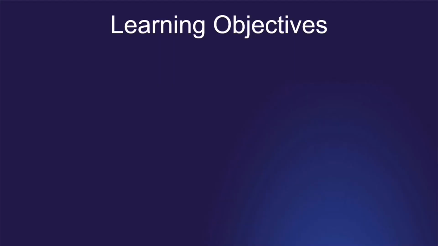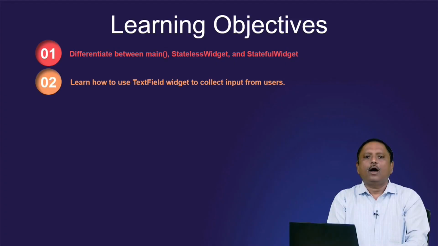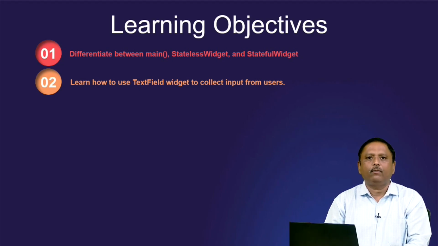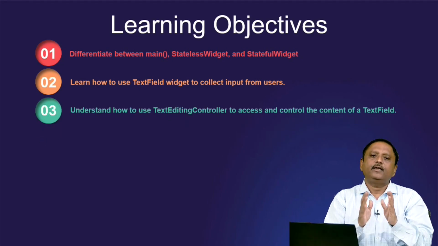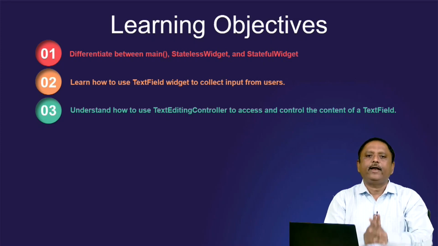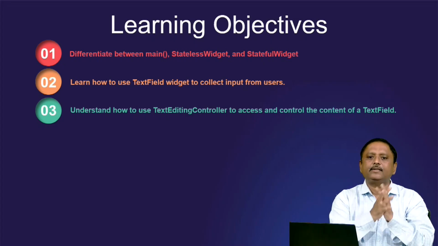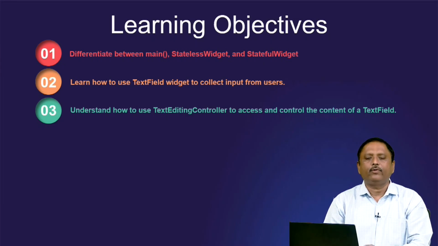So let's start. The objective of today's session is to differentiate between main, stateless widget and stateful widgets. We will also learn how to use text field widgets to collect input data from user. We will understand how to use text editing controller to access and control the content of a text box.